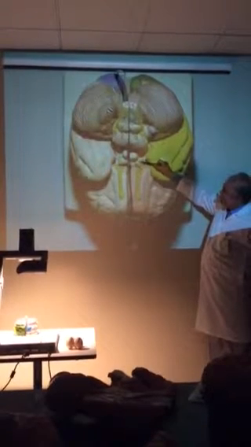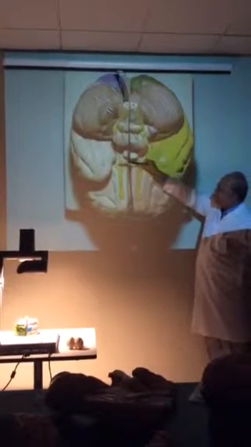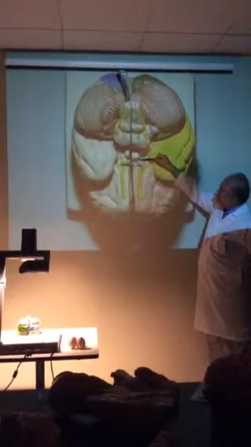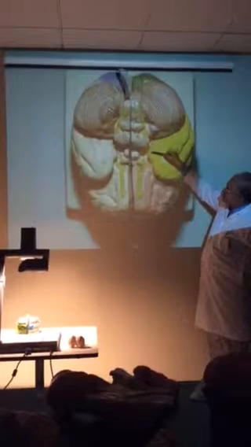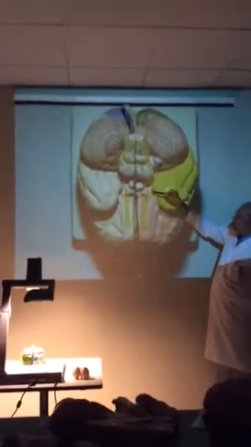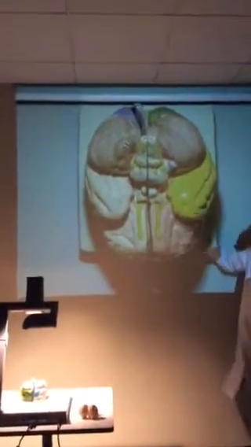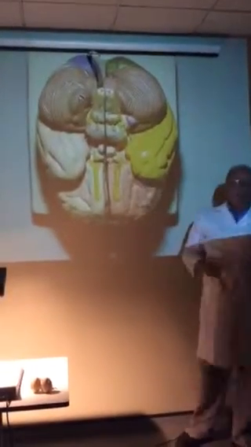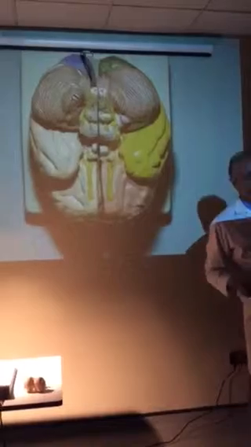So this is the optic nerve, and this is the optic chiasma. After crossing, the fibers travel in the optic tract. So this white part is the optic tract. Here we have the cut section of the second cranial nerve, which is the optic nerve.